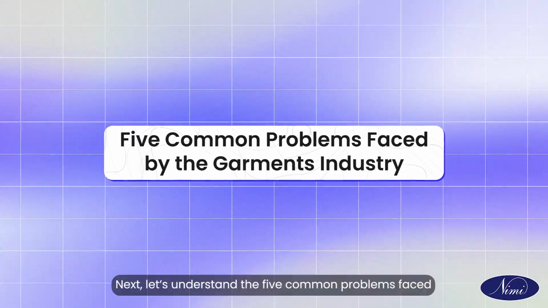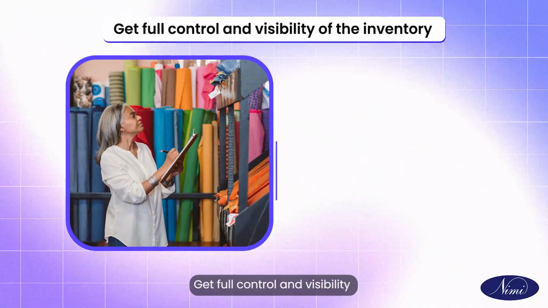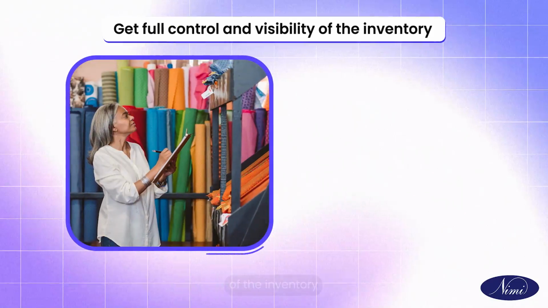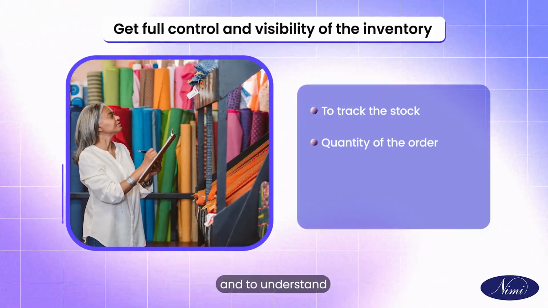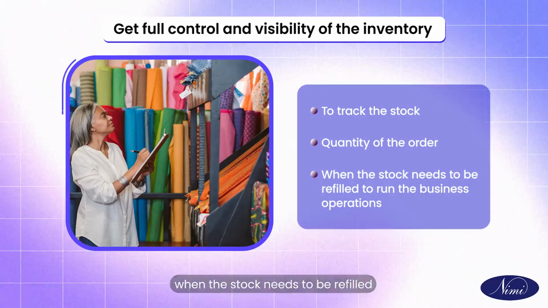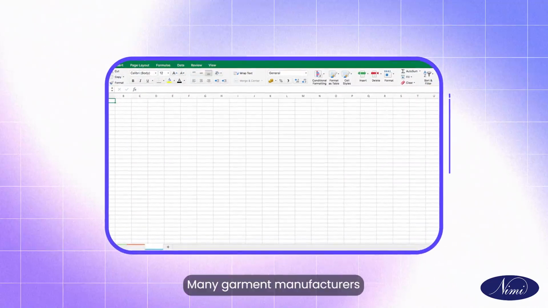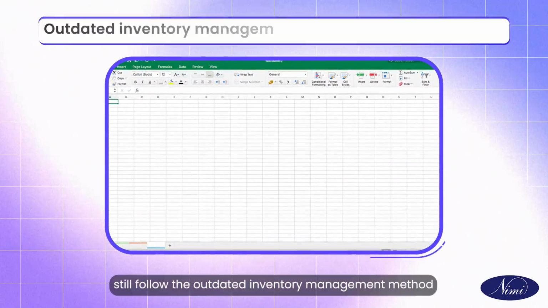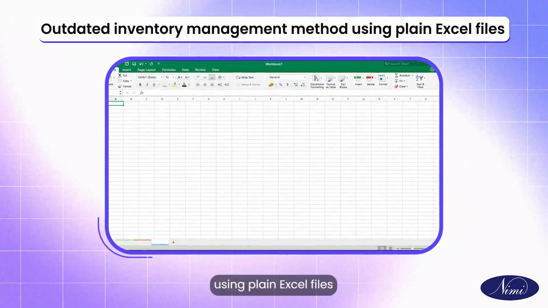Next, let's understand the 5 common problems faced by the garments industry. Get full control and visibility of the inventory to track the stock and the quantity of the order, and to understand when the stock needs to be refilled to run the business operations properly. Many garment manufacturers still follow the outdated inventory management method using plain Excel files.